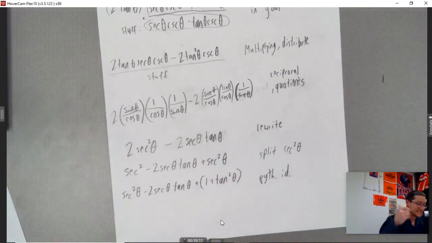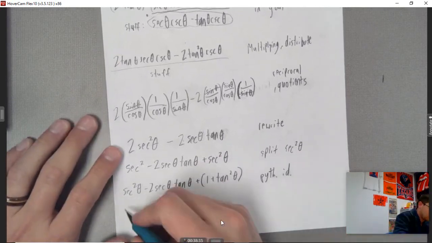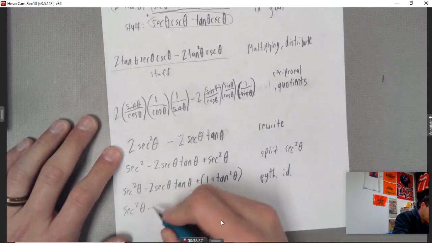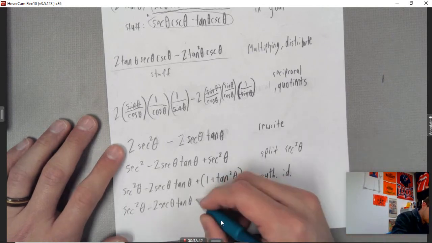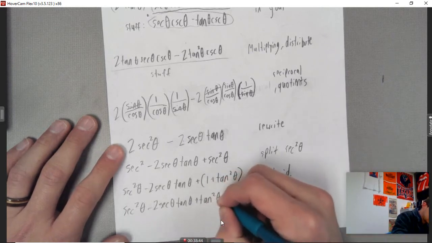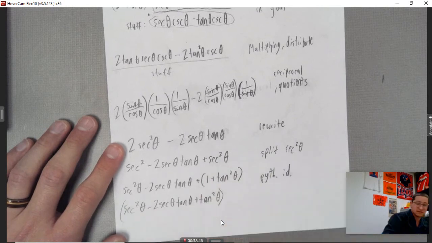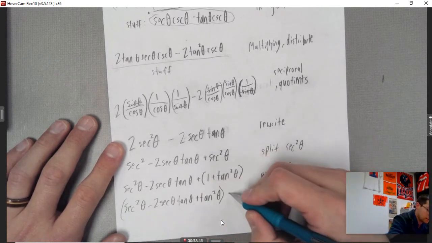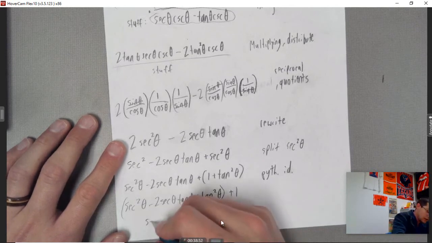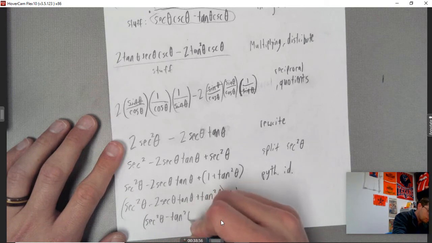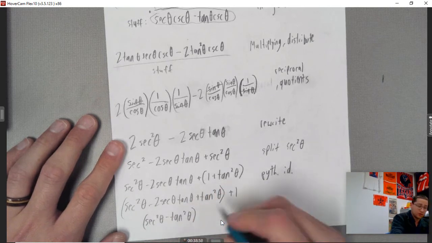There it is. Now we have the perfect square, right? So this is this part here. And then the plus tangent squared. All of this, and then don't forget that plus 1. All of this can be rewritten as this. And then we also have that plus 1.